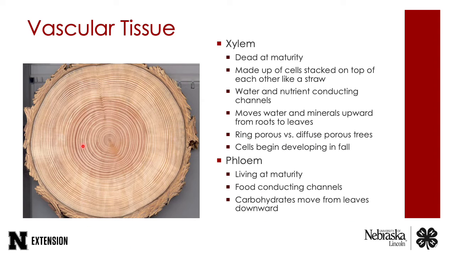So here again we can see a tree section. The vascular cambium is right in the area of this dark ring that is right beneath the bark. All of the inner rings that we count to give a tree its age, all of these are rings of xylem.